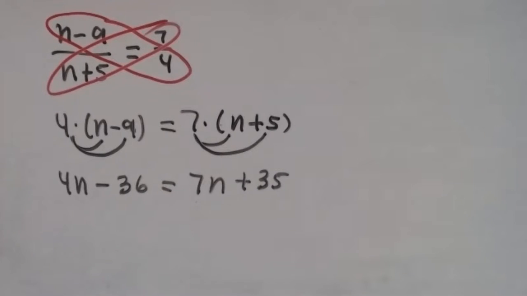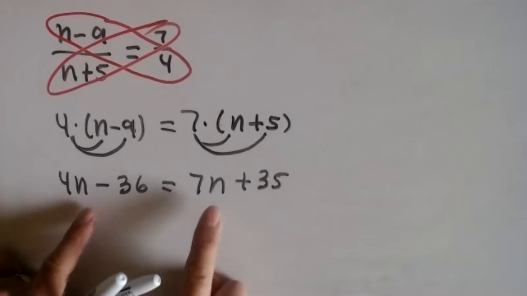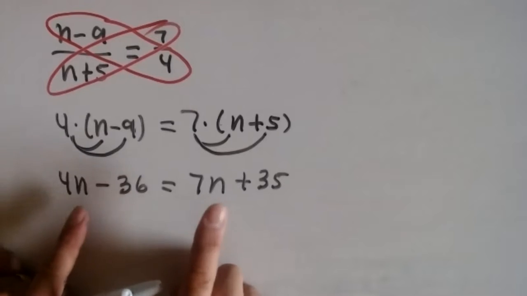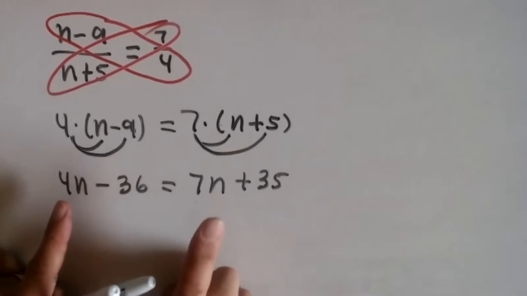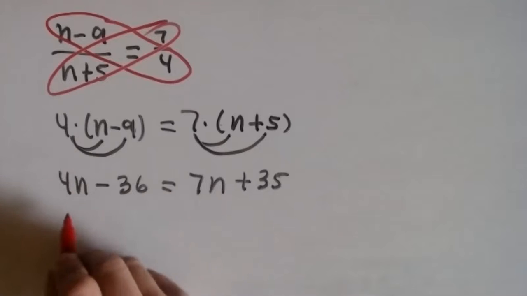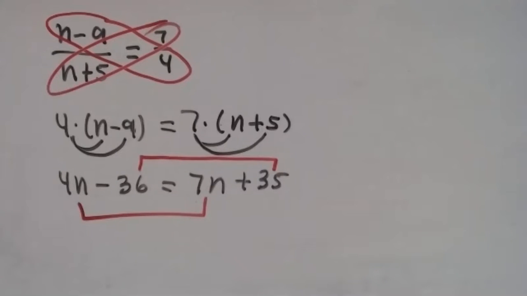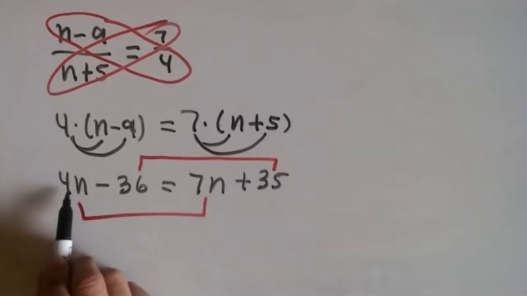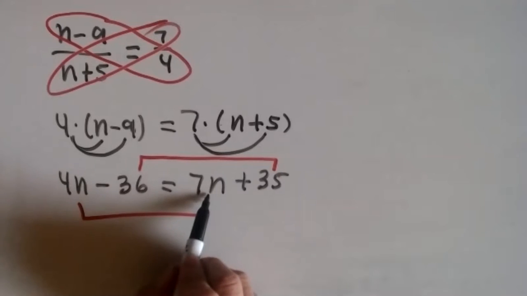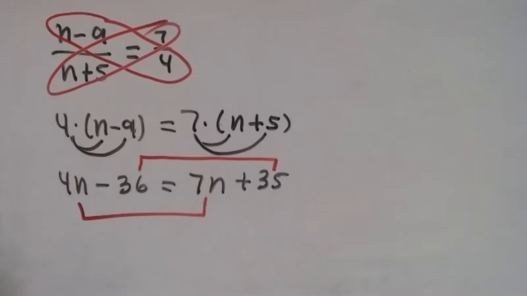Okay? Now, procedure. Remember, we did these equations before spring break. So I'm going to combine the n's, and then I'm going to combine the numbers. So this number is less than this one, so I'm going to do this.